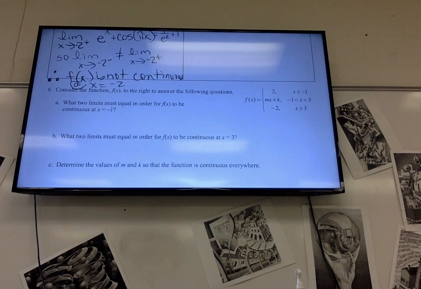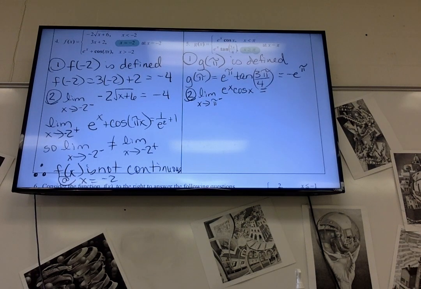You need to use the unit circle. Pi is over here. Cosine is the x-coordinate, so it's negative 1. Okay, so e to the pi times negative 1, so it's negative e to the pi.